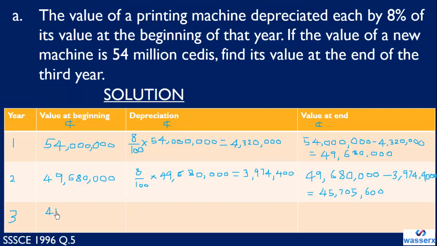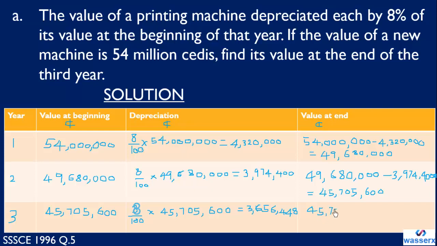Now for the third year, this becomes the initial value of the asset again. We calculate the depreciation: 8 over 100 times 45,705,600, and we get 3,656,448.